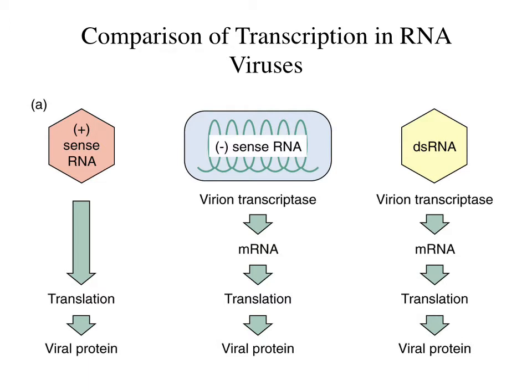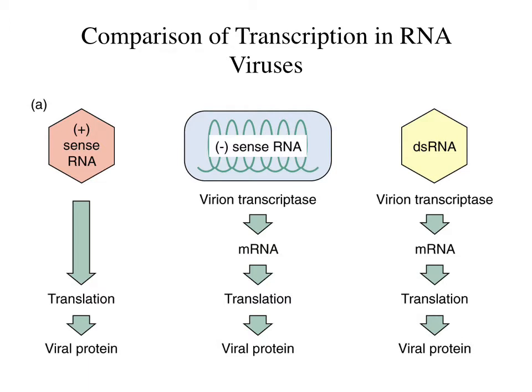The first step that's going to occur when the virus is uncoated in the host cell is that non-structural proteins are going to be translated, specifically polymerase proteins. With minus sense RNA viruses, that can't happen because it's minus sense. It's the wrong polarity to be directly translated into protein.